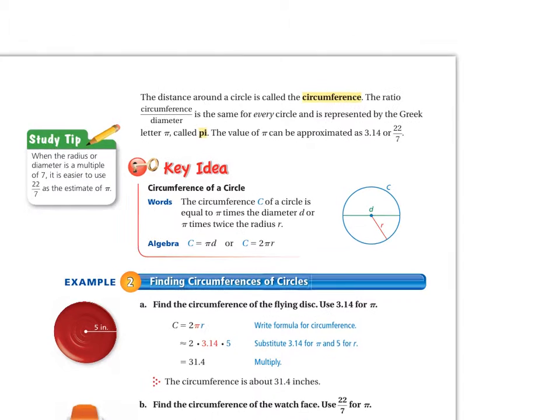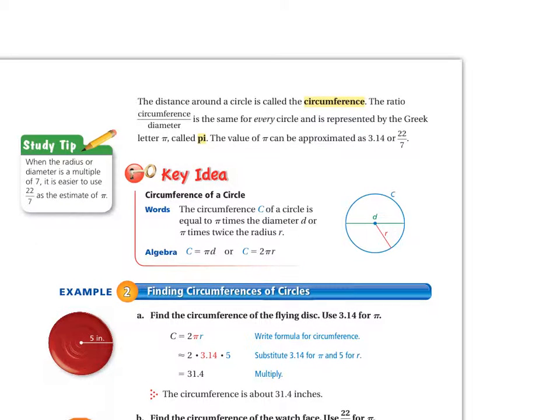Circumference. The next thing we have to be aware of is the measurement around it. And this is where we start to use our pi formulas. So circumference, big capital C, write this down in your journals again, equals pi d, and circumference with just a radius is 2 pi r, because we have the radius.